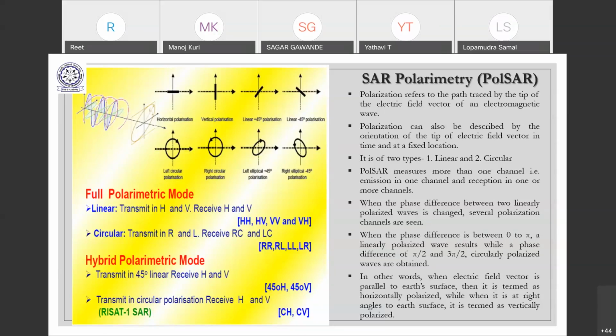So if it changes from horizontal to vertical, then HV data will be much more useful to identify those types of features. Some of the commercial satellites give you the data in all four polarizations: HH, HV, VV and VH. So using all four data combined, you will be able to identify each and every type of ground feature much more accurately than with a single polarized data.